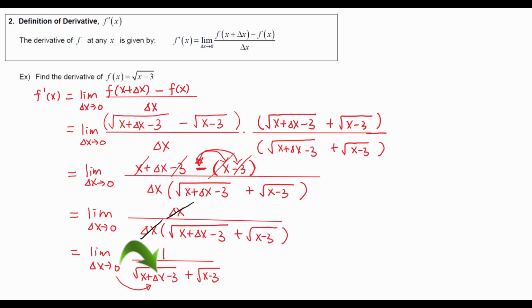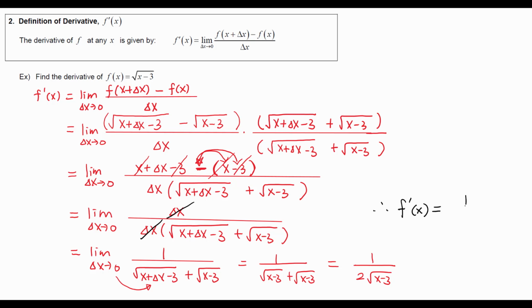Go ahead and do so to find the limit, and your limit would be 1 over radical x minus 3 plus radical x minus 3, which is 1 over 2 radical x minus 3. And thus, your f prime of x function is 1 over 2 radical x minus 3.